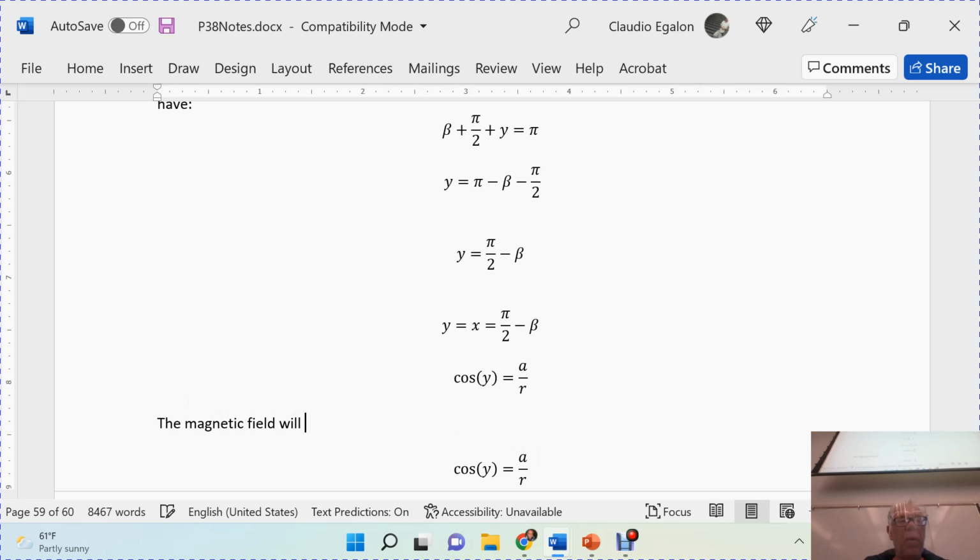Magnetic field will have only a z component.